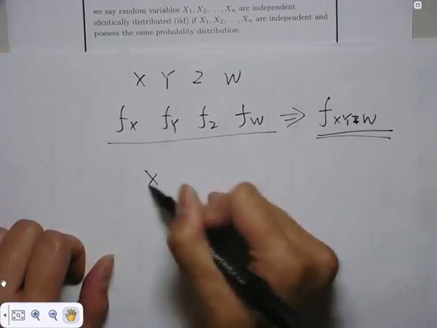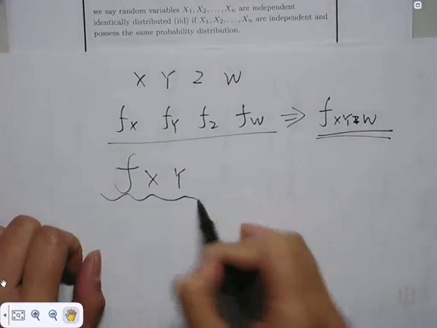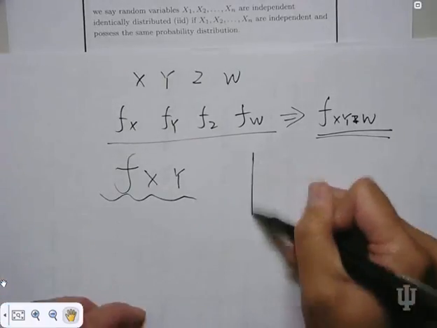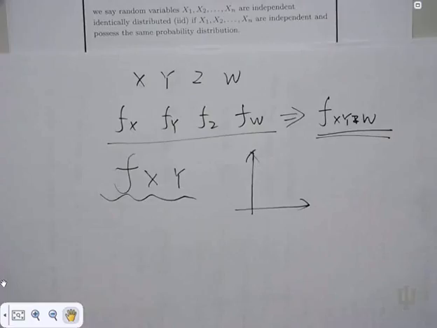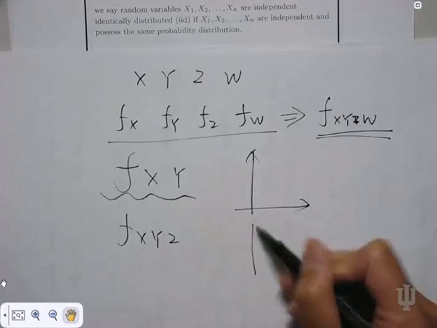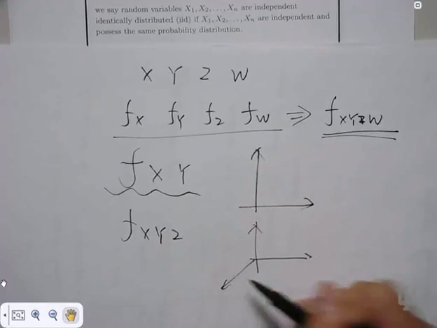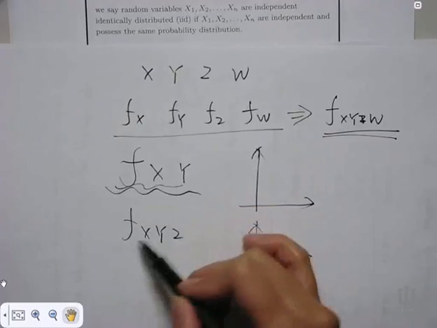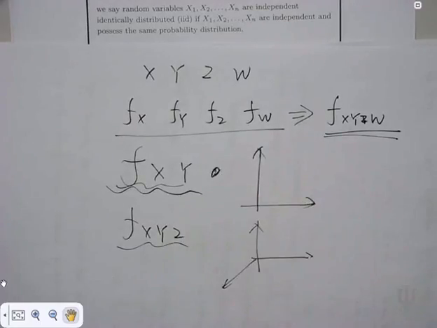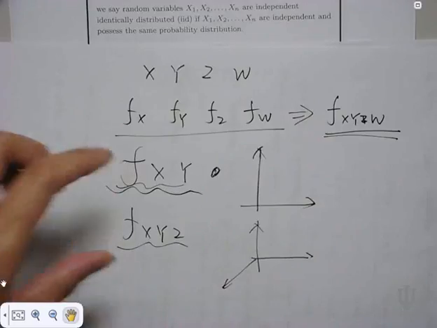So joint density function fxy, if I draw it, the possible region is 2 dimension. So if it's fxyz, the possible region will be 3 dimension, right? Remember, I'm just talking about the region, not volume, not probability. Okay, so I'm still in density function.